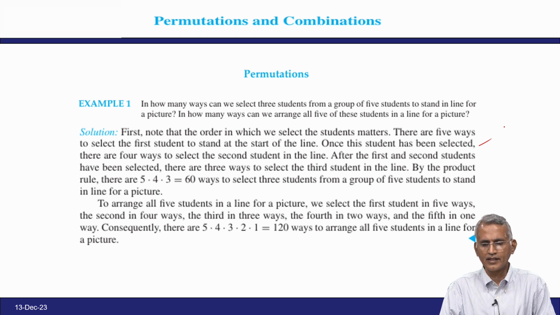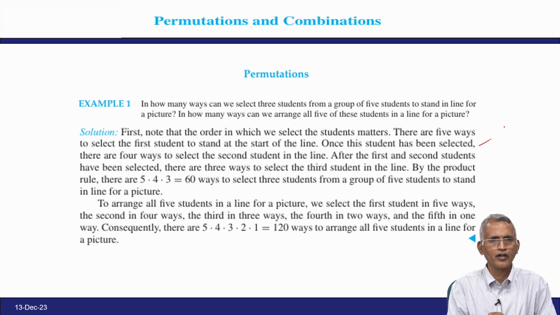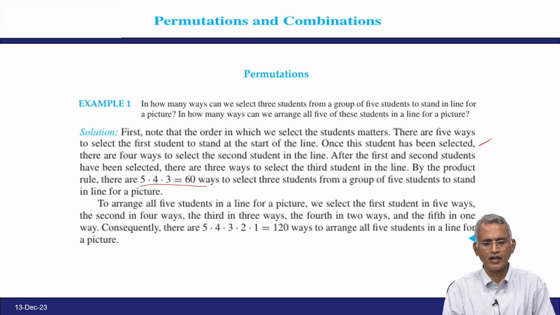After the first and second students have been selected, there are 3 ways to select the third student in the line. By the product rule, we know 5 into 4 into 3 equals 60 ways to select students from a group of 5 students to stand in a line for a picture.